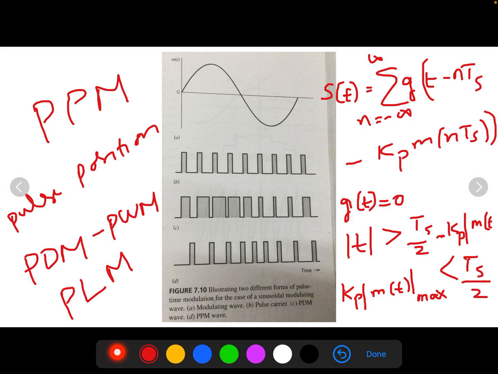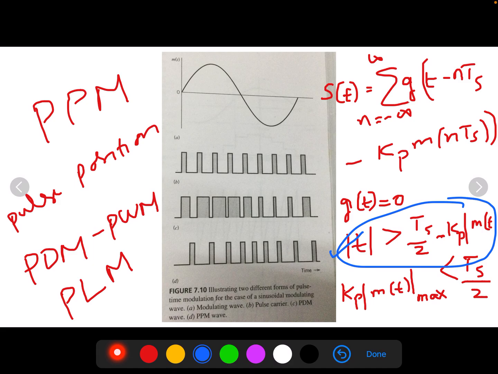We assume that this equation is satisfied and there is no interference between the adjacent pulses of the PPM signal S of T. Then the signal samples m of nTs can be recovered perfectly. Only if this condition is satisfied is the recovery possible.